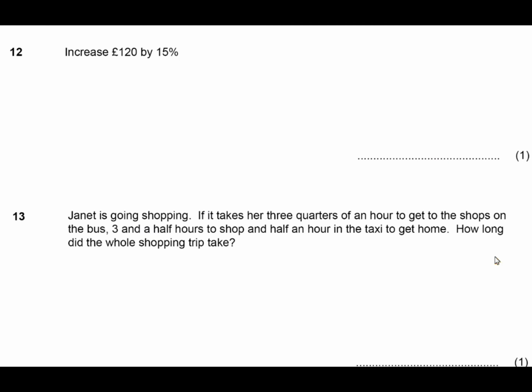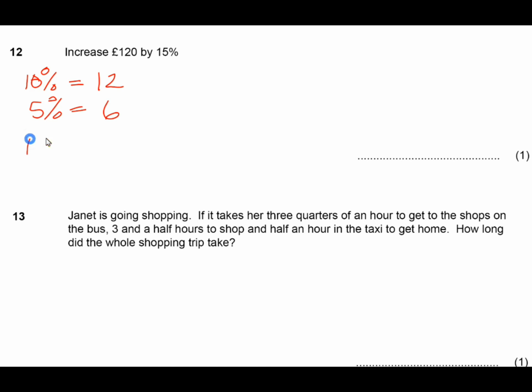Question 12 is asking us to increase £120 by 15%. Well, using the 10% rule, we know that 10% is £12. So 5% must be half of that, which is 6.